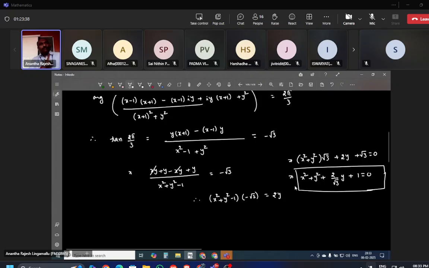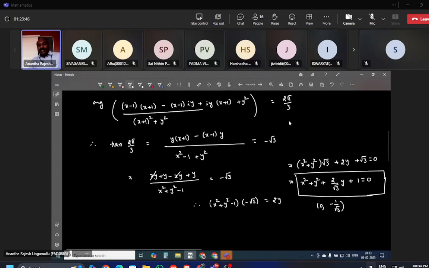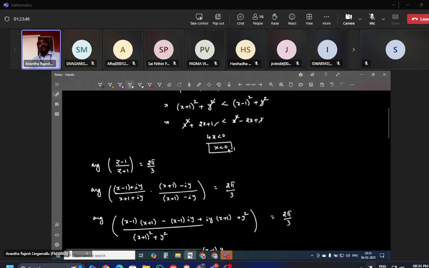What is the center of the circle? 0 comma minus 1 by root 3, and the intersection, definitely this is x less than 0, where x is negative. Right? x is negative, second and third quadrant. So here what they said, no answer.